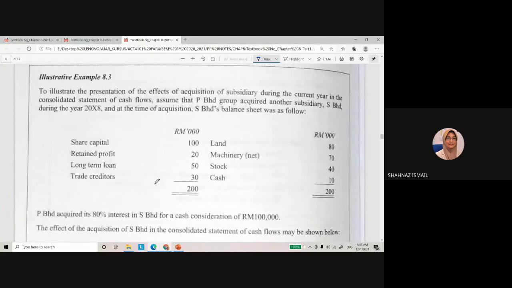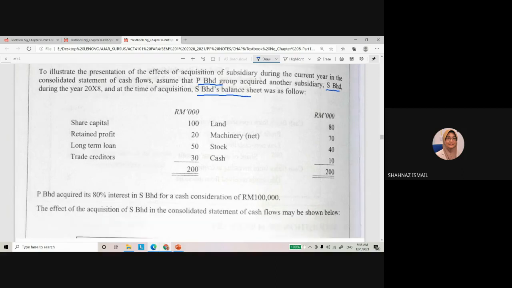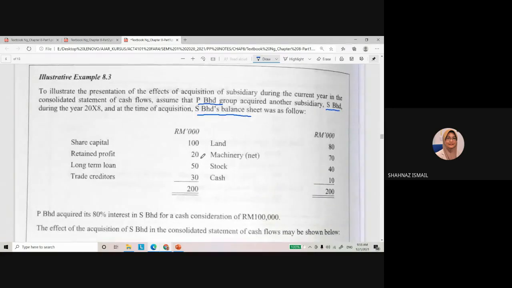Alright, P acquired a subsidiary of S. Okay, P acquired S. Alright, and di sini adalah the assets and liabilities and also the equity of S Berhad. Okay, this is the S balance sheet. Okay, alright, semasa acquisition. So P acquired 80% interest and the cash consideration, meaning the cash paid adalah 100k.